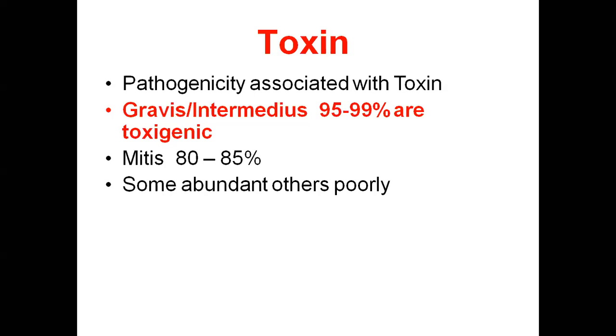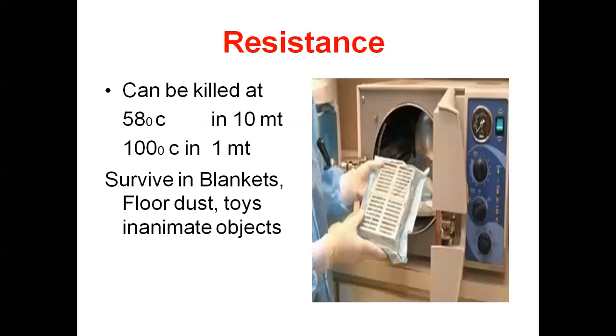That means among gravis, intermedius and mitis, any one can become excessively toxic and the remaining ones will subside, or they will be less harmful when compared to gravis. So among these three, any one will be more effective. As for resistance, it can be killed at 58 degrees Celsius in 10 minutes.